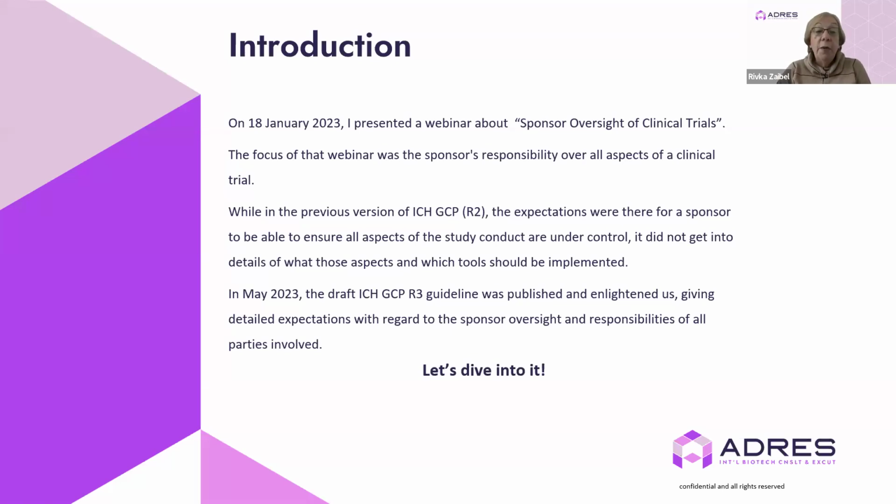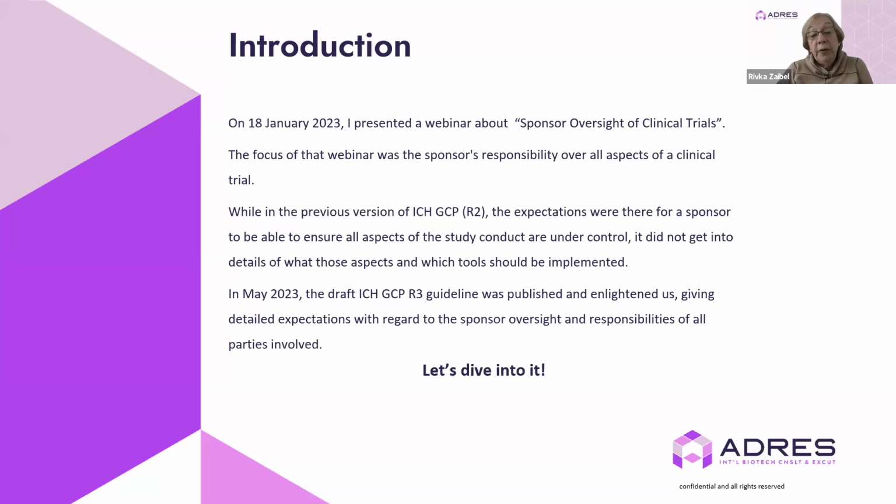The focus of the webinar was the sponsor responsibility over all aspects of a clinical trial. While in the previous version of ICH GCP guideline, the expectations were there for a sponsor to ensure all aspects of the study conduct are under control, it did not get into details of what those aspects are and which tools should be implemented.